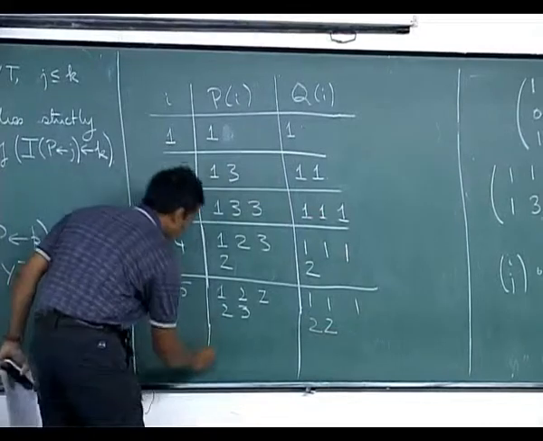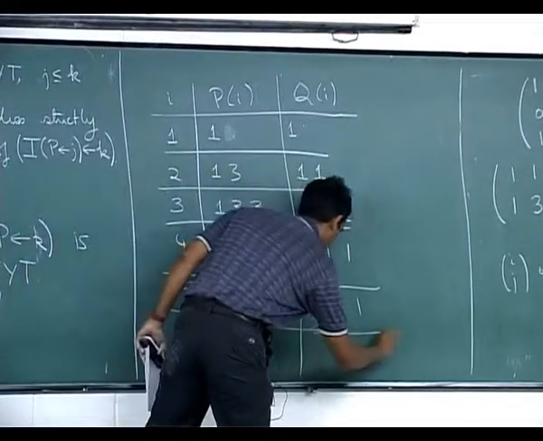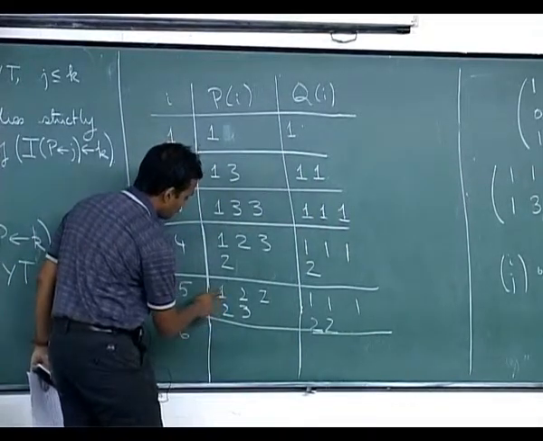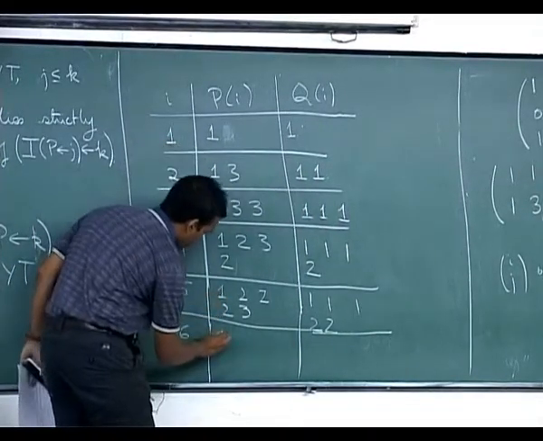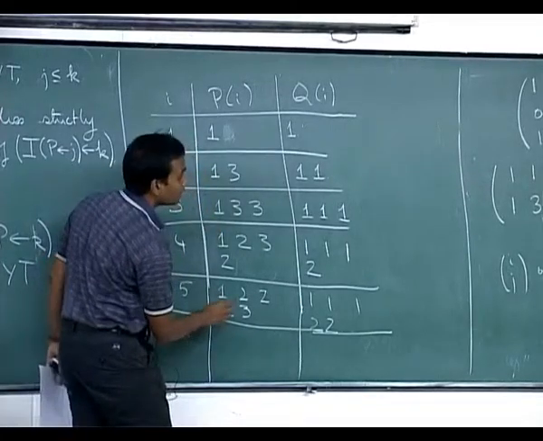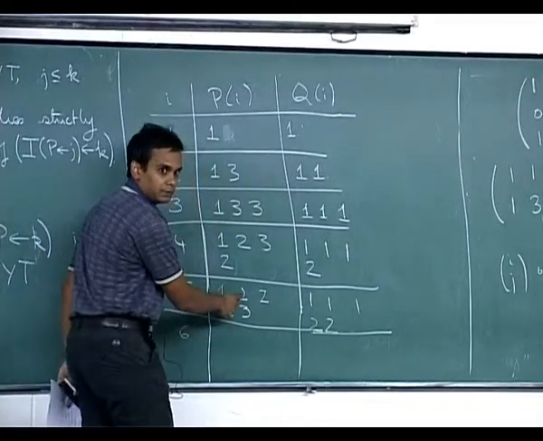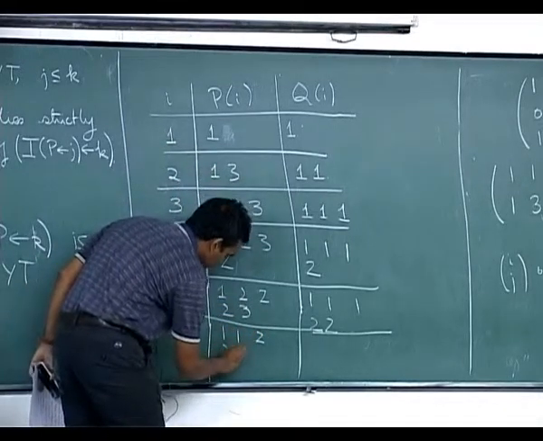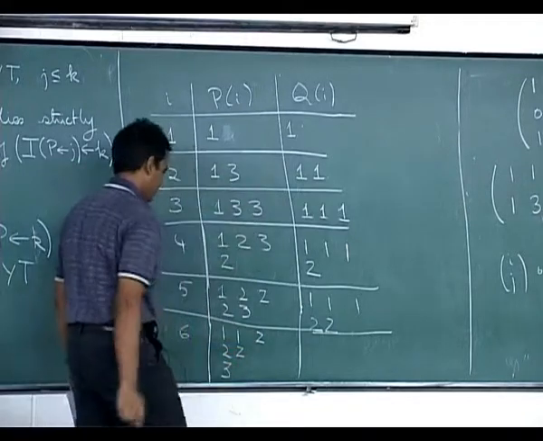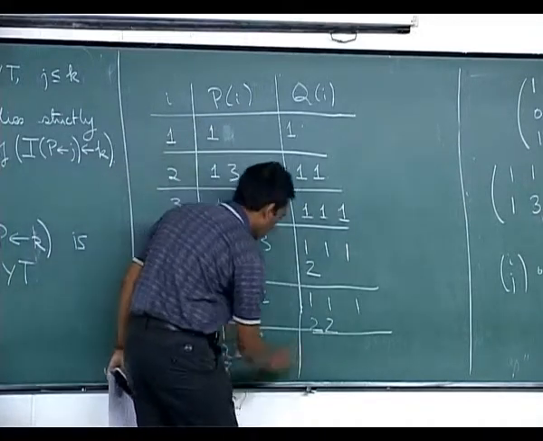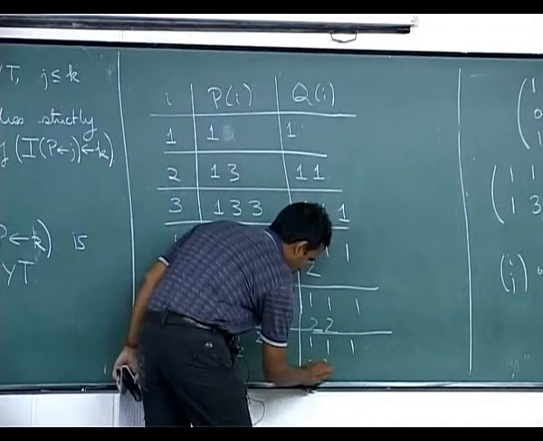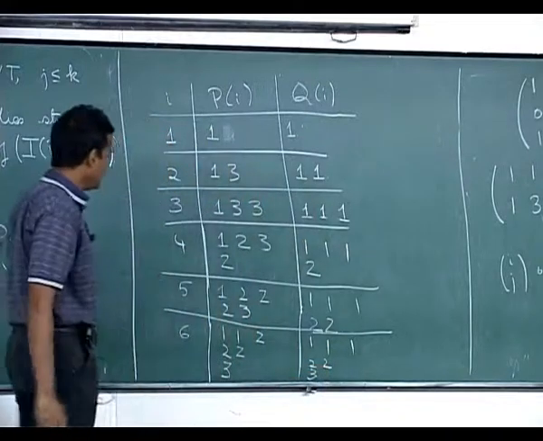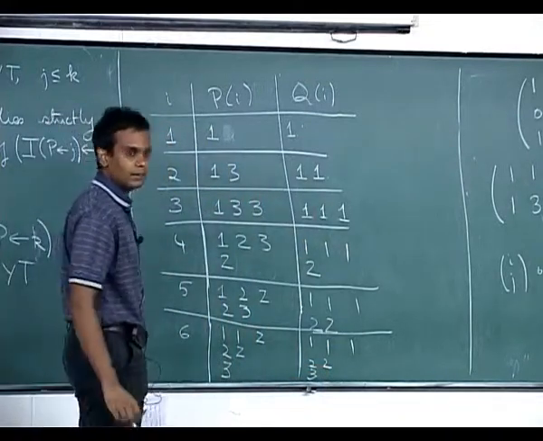Now I must insert 1. So that will bump this 1 up, which will bump this 2 up. Oh, sorry, no, that will bump this 2 up. 1, 1, 2, the 2 gets bumped up and bumps up this 3. So this is the new box created, and here I put a 3. And finally, it's a 2 I need to add.